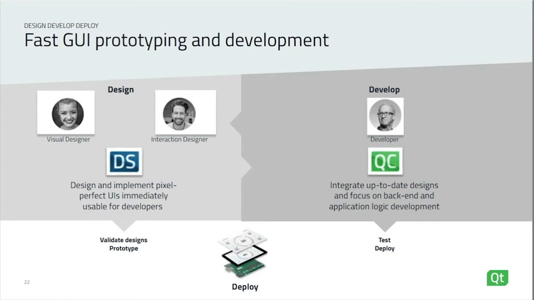They speak different languages, they work with different tools, and you might know that it's often an issue to implement a UI the way that designers really meant it to be. We really want to solve this problem by providing tools for each type of person, which can help them solve their own specific problem while, again, all working together with the same technology.